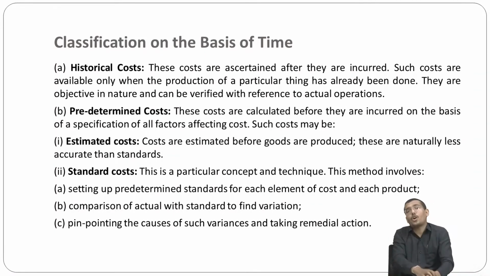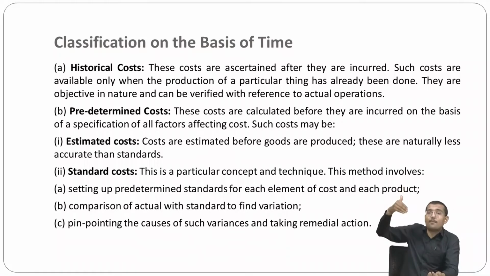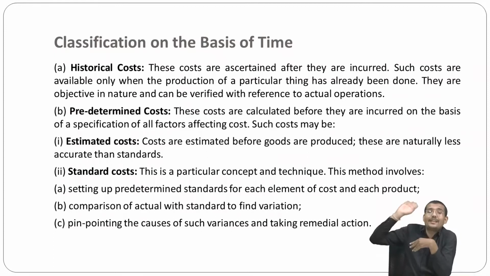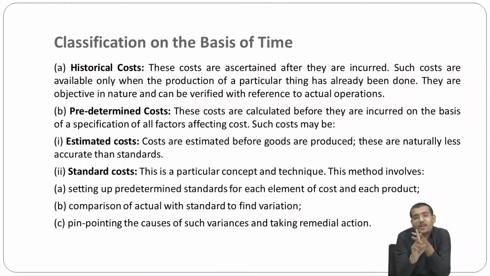In the estimated cost, the costs are estimated before the goods are produced, and these are naturally less accurate than the standard. The standard cost is a particular concept and technique, and this method involves three aspects. First is setting up predetermined standards for each product.